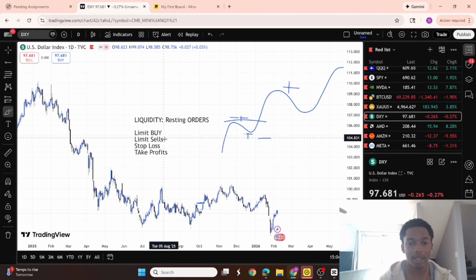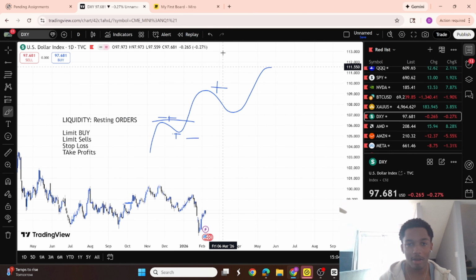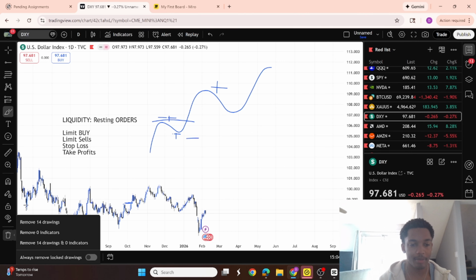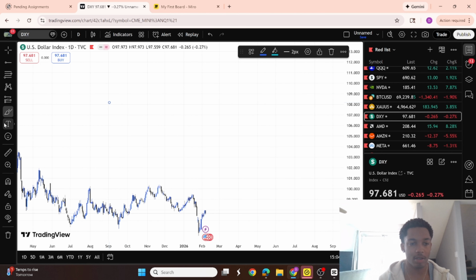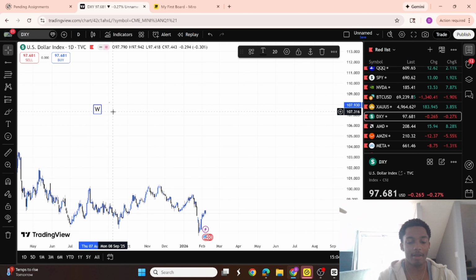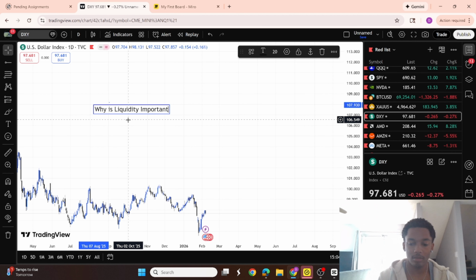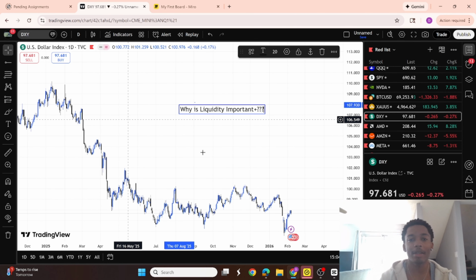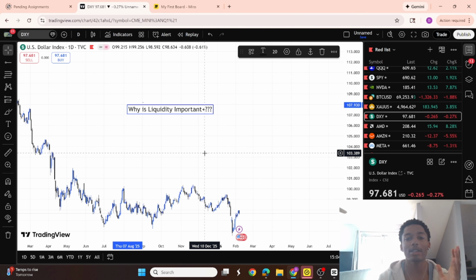All right. Now, why is all of this important? That's the question of the day. Why is liquidity important? If there were zero orders, where's the market going to go? Think of this like a magnet. In order for somebody to buy, there needs to be a willing seller.